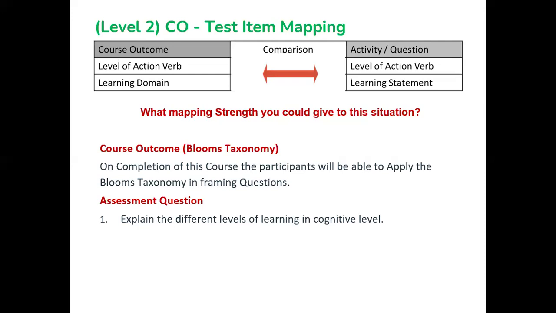So if every participant is getting 100% mark for this question, can I assume that every participant has attained my outcome? My outcome is written there. What is your suggestion?